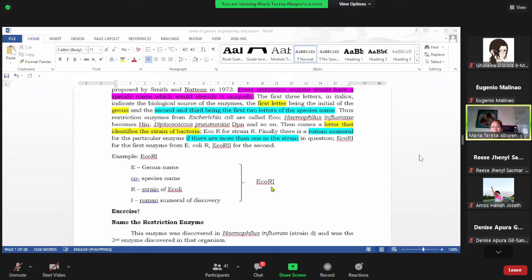Since in strain R, there are many strains: strain 1, strain 2, 3, 4, and so on. So there are many strains of strain R. Depending on where the enzyme was taken from, if it came from strain R1, then you will write EcoR1. If the restriction enzyme came from strain R2, the second strain of R, then the name will be EcoR2.